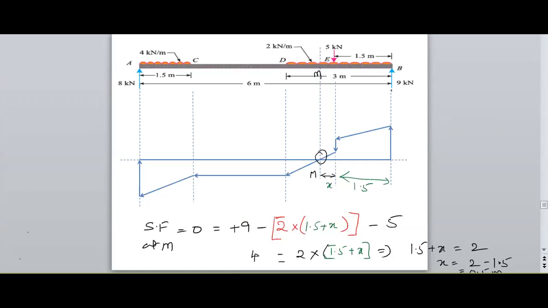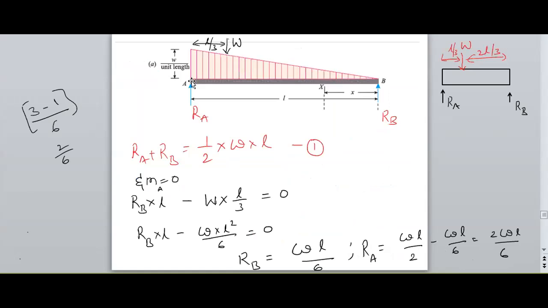So we need to discuss this also. And the last one is the varying load, which also needs to be discussed. So with that, the simply supported beam will be closed. Okay? So with this, I am closing the section.